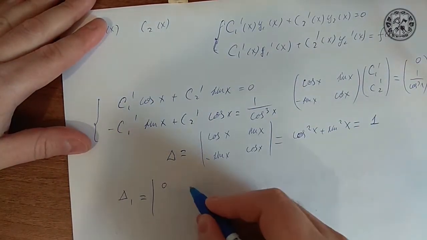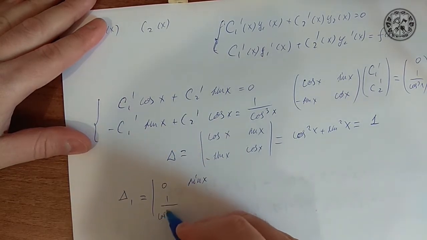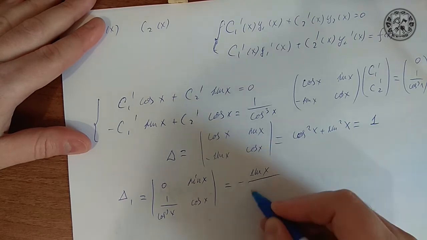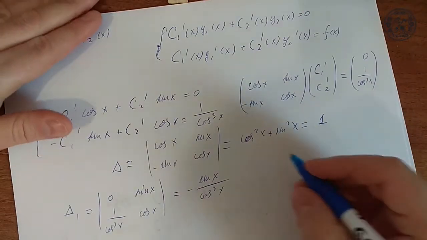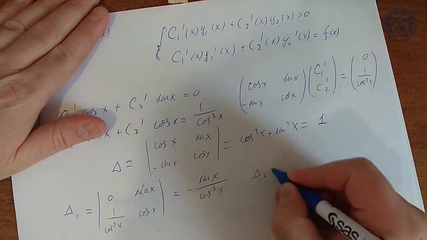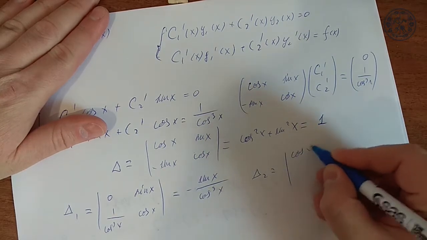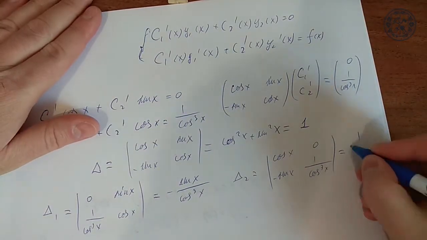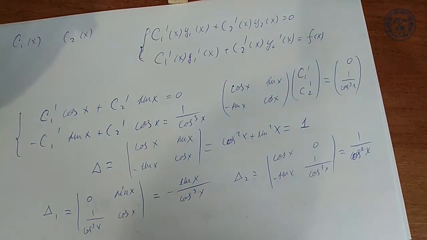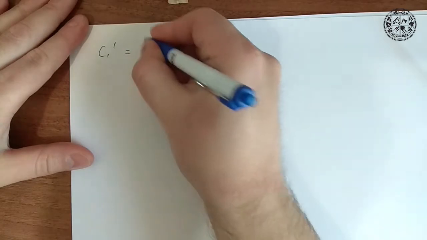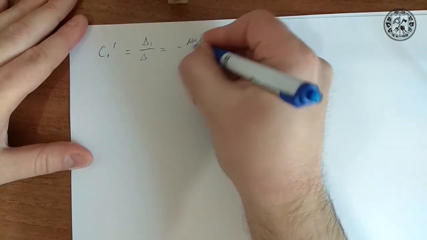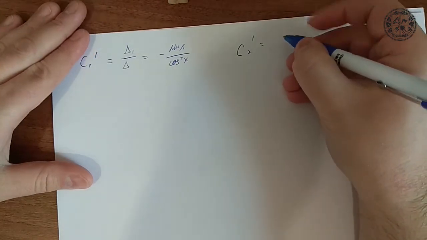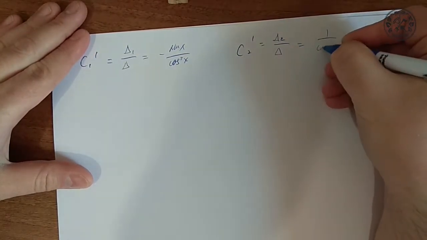So it will be the determinant of 0, sin x, 1/cos³x, cos x, which gives us -sin x/cos³x, and delta 2 will be the determinant of cos x, -sin x, 0, 1/cos³x, which will be 1/cos²x. Now c1' will be delta 1 over delta, which is -sin x/cos³x, and c2' will be delta 2 over delta, which is 1/cos²x.